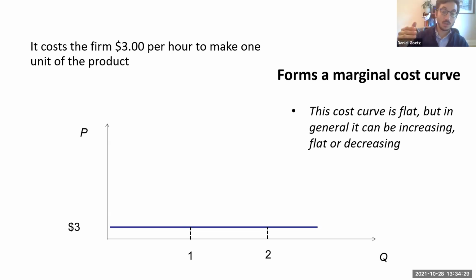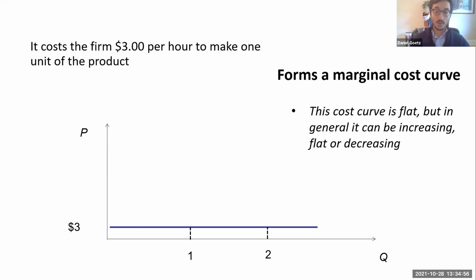Each additional unit is costing more than the last one. Why might that be the case? Well, maybe you have to start paying overtime to your employees. Or it can be decreasing, costing you less and less per unit. Maybe you're learning how to make it better, you're getting more efficient, so it's going down.